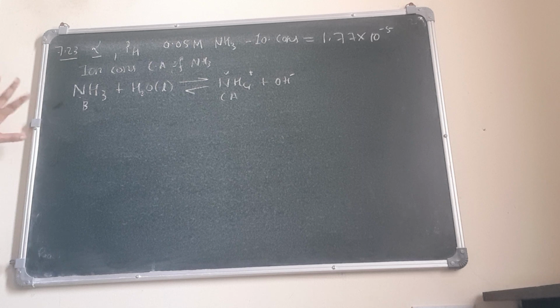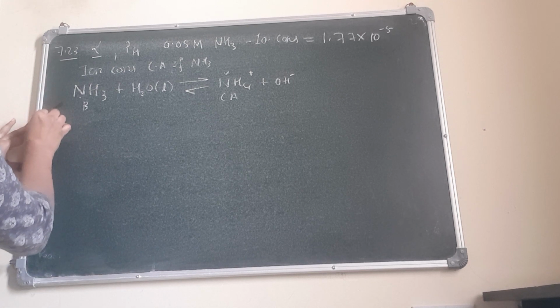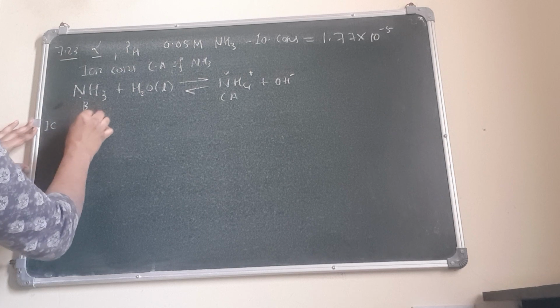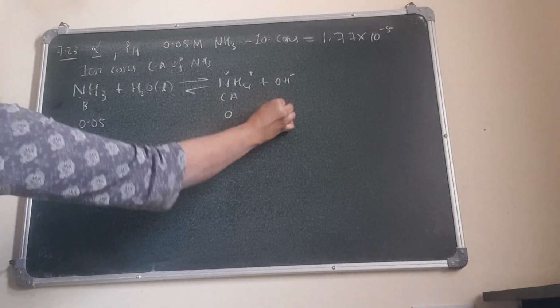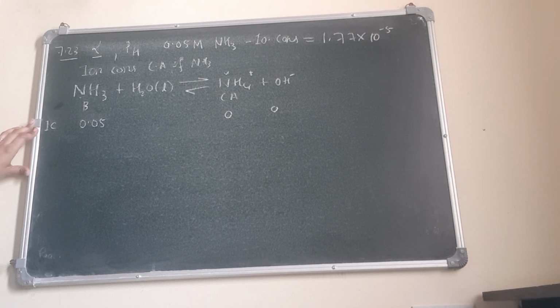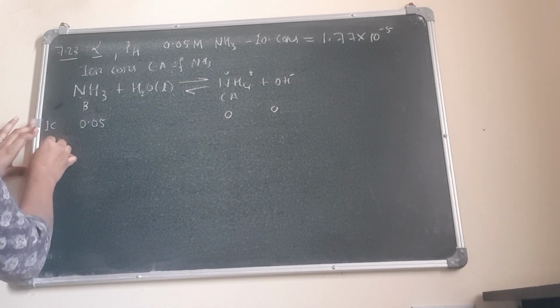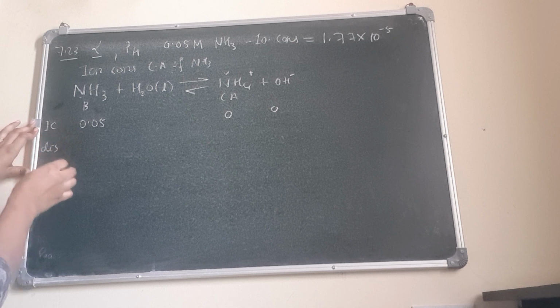Let us start this. You remember whenever you are supposed to find the degree or the extent of ionization, you have to write the table. So let us say this is my initial concentration. I started with 0.05 molar of ammonia. Now let us write the dissociation extent.